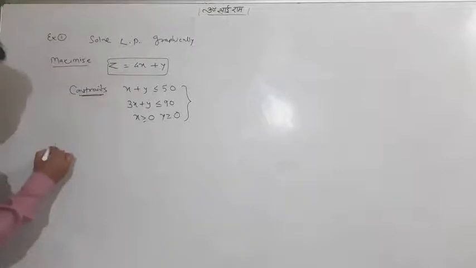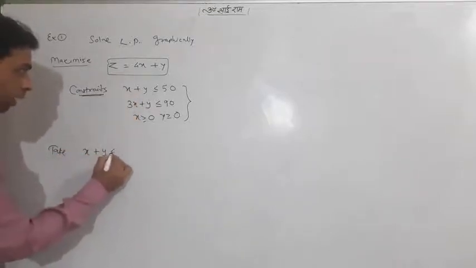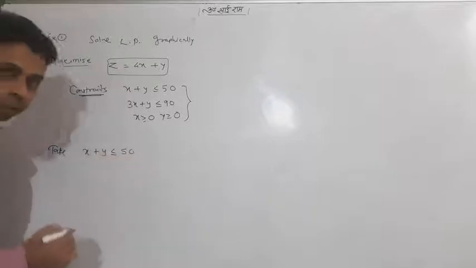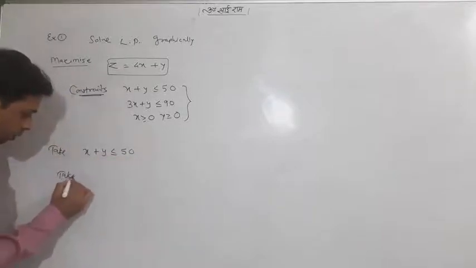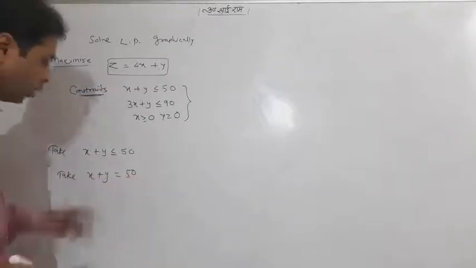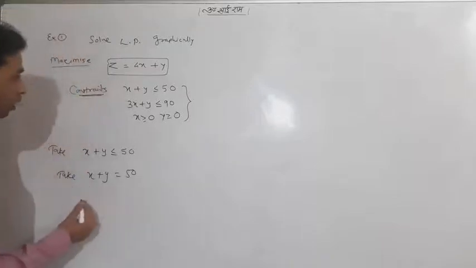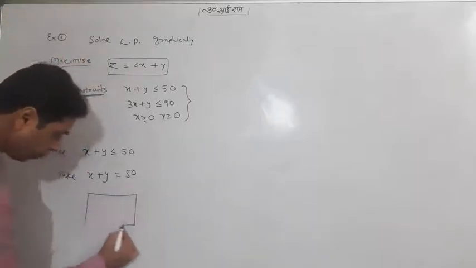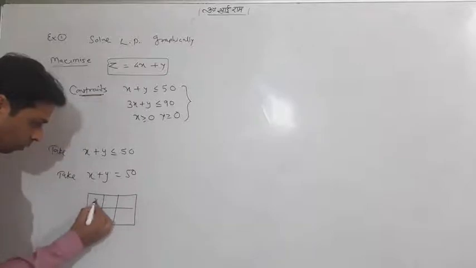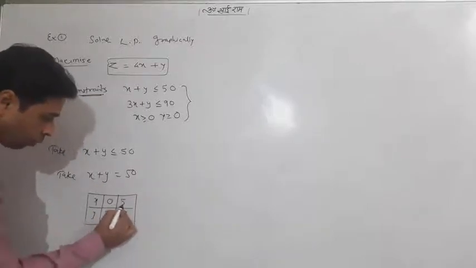You know it now. First of all, I'll take the first inequality, x plus y ≤ 50. Take its equation; this is an inequality, now we have chosen the equal to sign. Then I'll go with some points, like you know it now. x is equal to 0, y equal to 50; y equal to 0, x equal to 50.